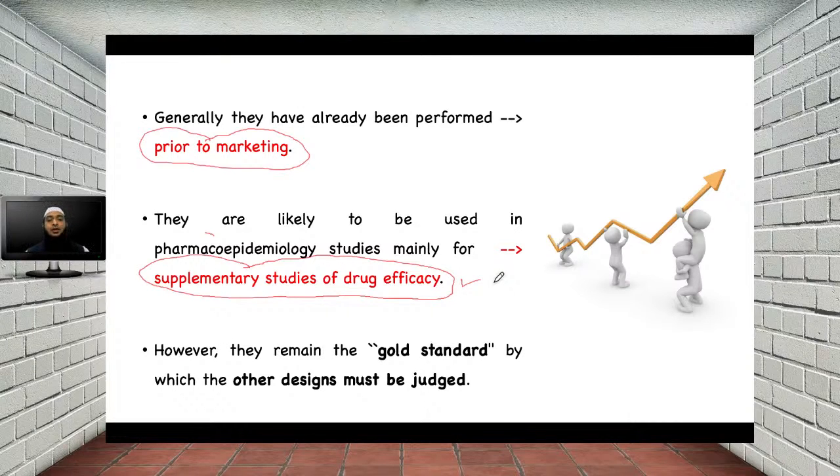Although it is a supplementary study, do remember that it remains the gold standard by which other designs must be judged. Unless you perform two important types of pharmacoepidemiology study, the cohort study and the randomized clinical trial, you are not going to confirm your assumption.